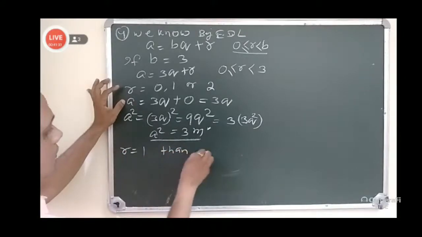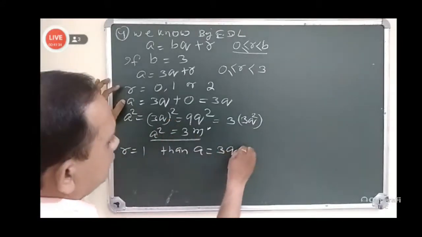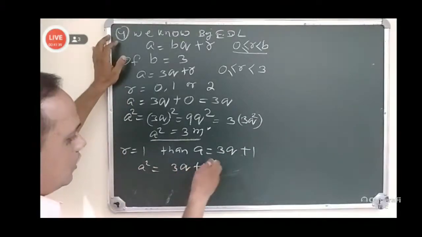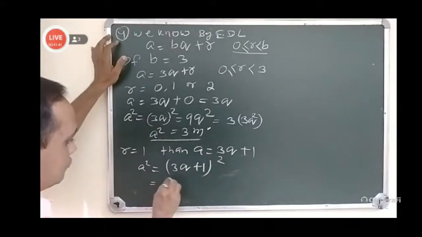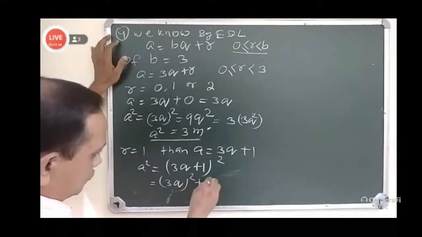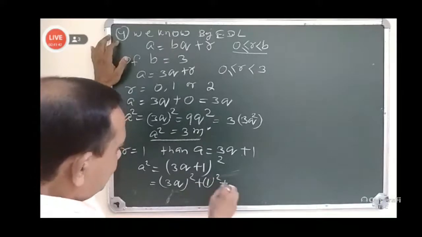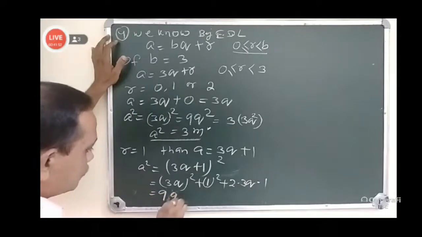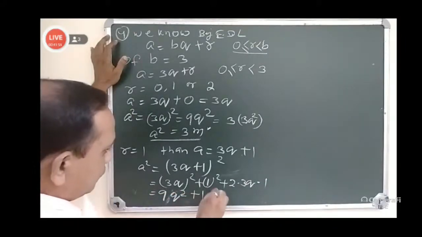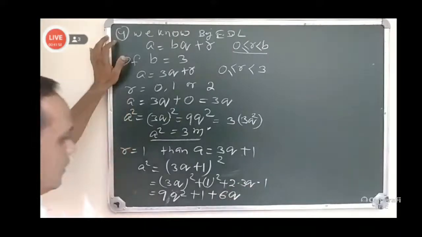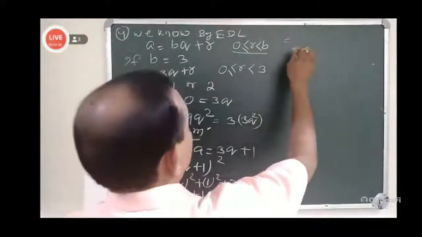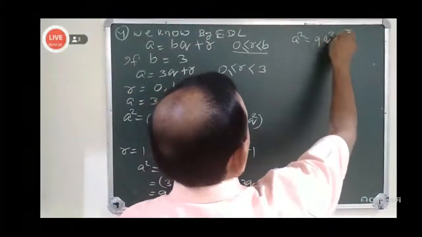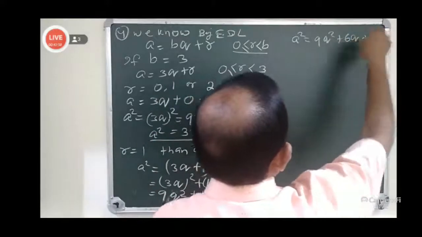The second case is when r equals 1. Then a equals 3q plus 1. a squared equals (3q plus 1) whole squared, which equals (3q) squared plus 1 squared plus 2 into 3q into 1. This equals 9q squared plus 1 plus 6q, that is, a squared equals 9q squared plus 6q plus 1.